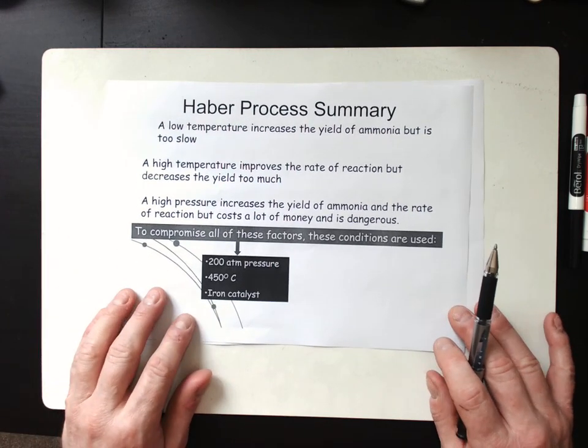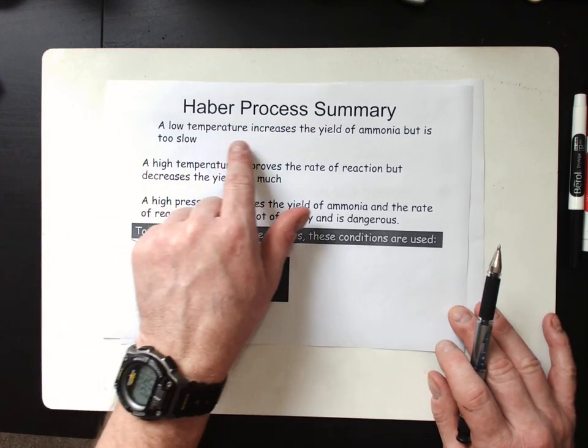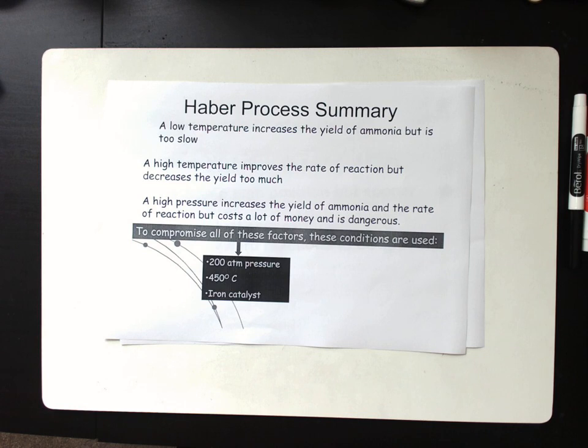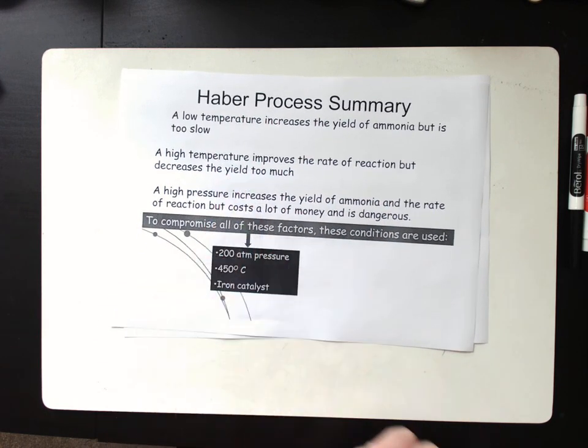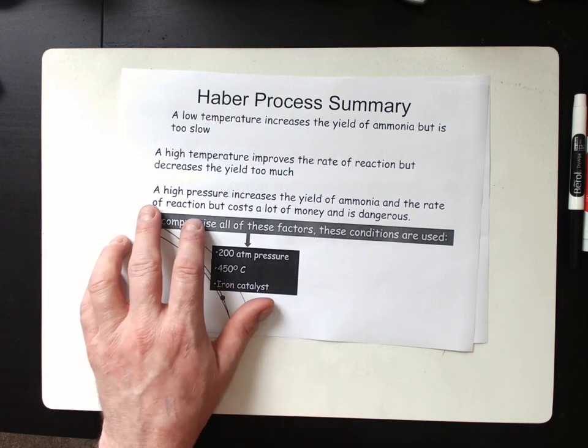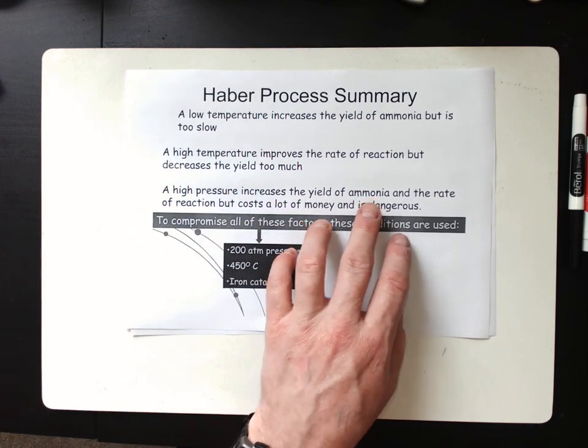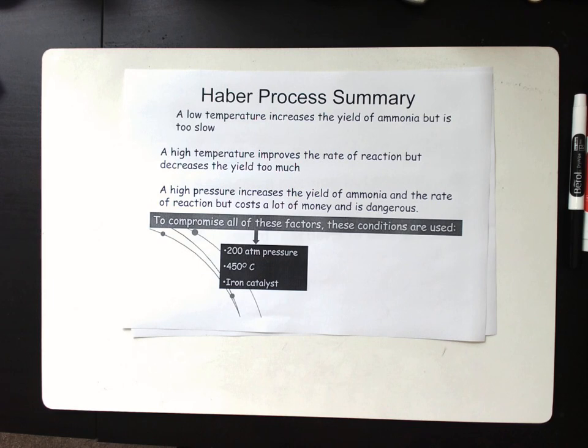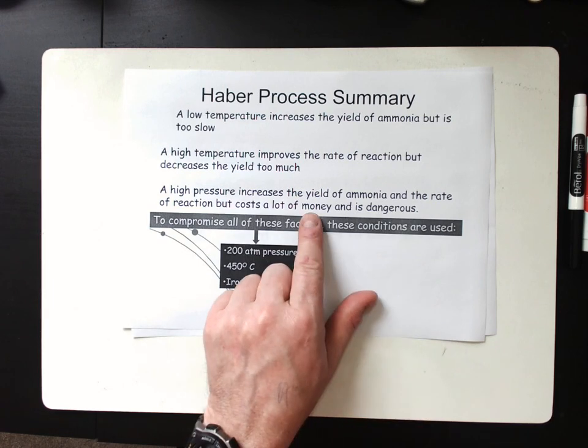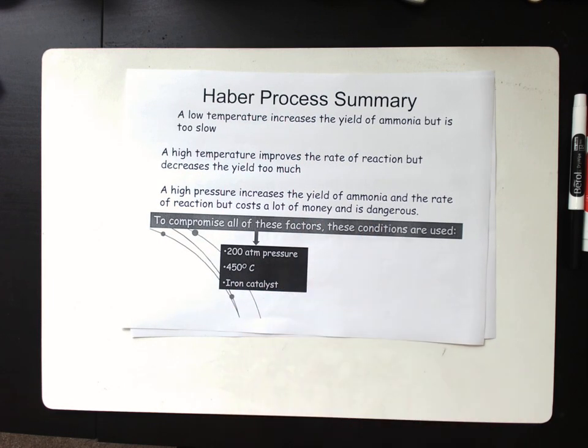Just in summary then, a low temperature increases the yield of ammonia, but it's far too slow. A high temperature increases the rate, but the yield is too low. A high pressure increases the yield and the rate, but it costs too much money, both to maintain it and to set up the factory, and it's dangerous.